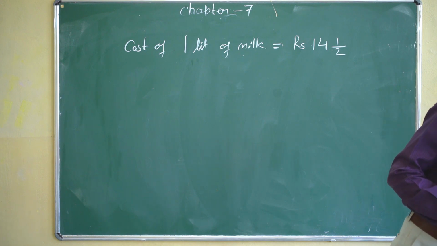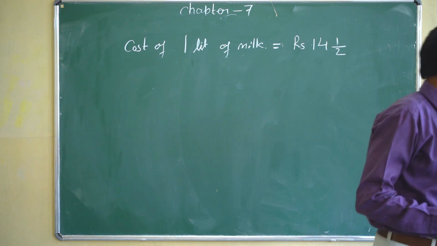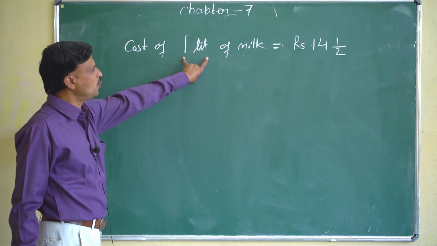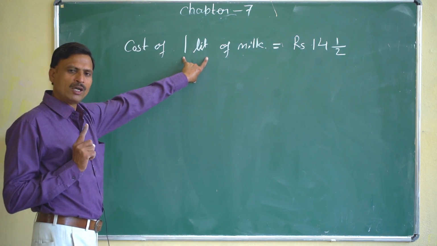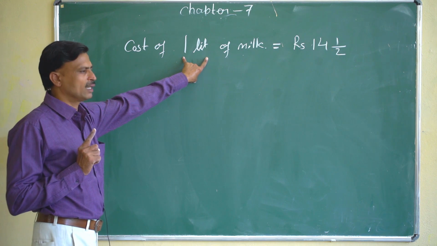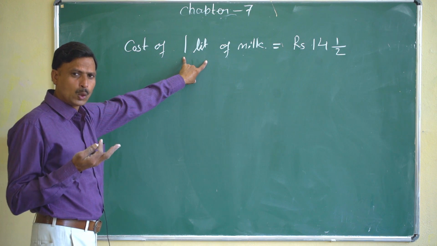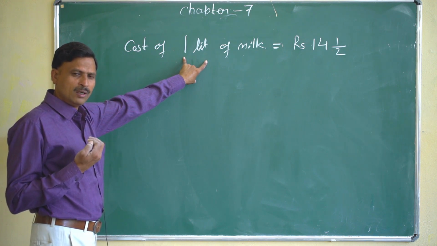So definitely, as I told you, the cost of the lesser quantity, that is 1 liter of milk, is given. We want to find out the cost of 125, meaning a larger quantity. So we have to multiply.